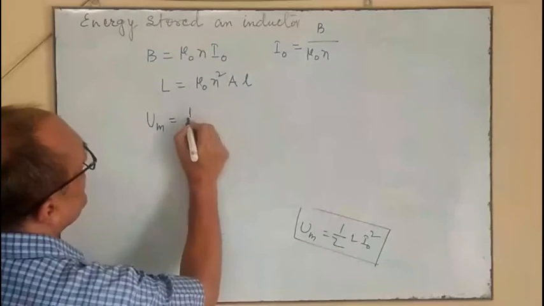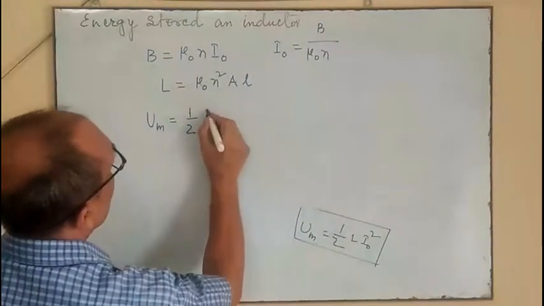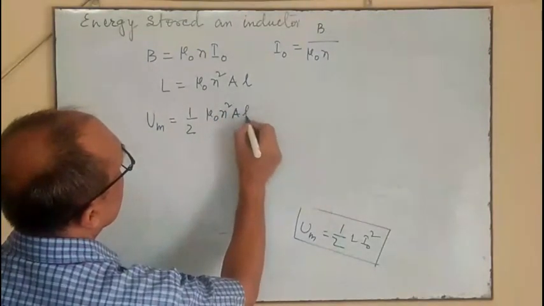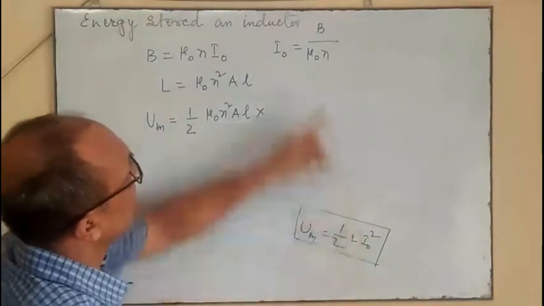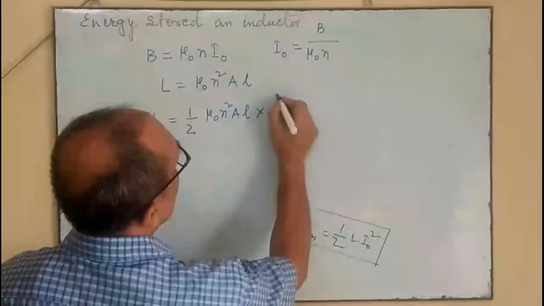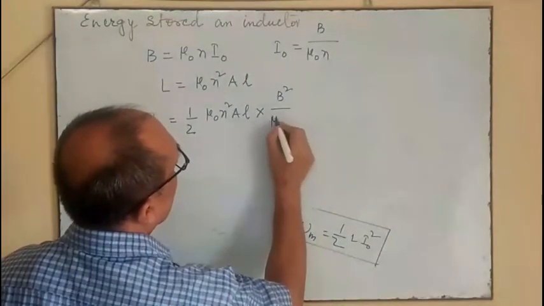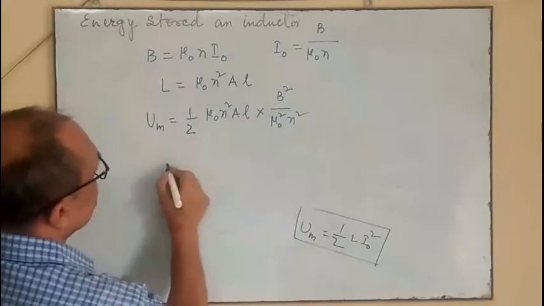this equals 1 by 2, putting the value of L, mu naught N square A L, into the value of I naught from here, which is B square by mu naught square N square.